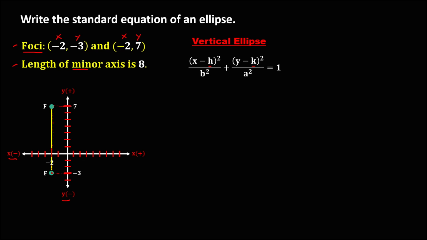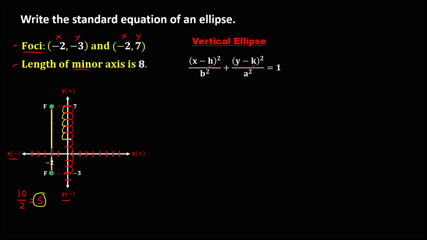So in counting, we have 1, 2, 3, 4, 5, 6, 7, 8, 9, 10. So we have 10, then divide this by 2 because we need to locate the center. So 10 divided by 2 is 5. Then this time we need to count 5. So we have 1, 2, 3, 4, 5.